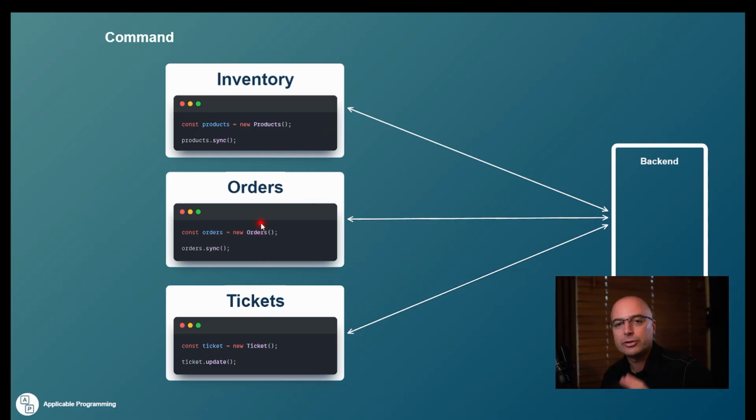The list of orders at the same time also needs to be in sync, and I want to be able to select a few of those orders at the same time and mark them as approved while I'm maybe approving, or maybe I want to mark them as packaged while I'm packaging actual products. And finally, I have a tickets component on that very same page, on the same dashboard, where I want to see and maybe reply to the individual ticket while I'm looking at this dashboard.